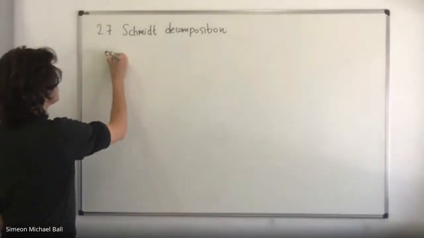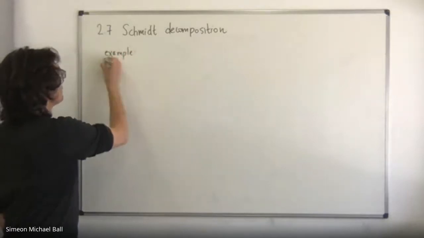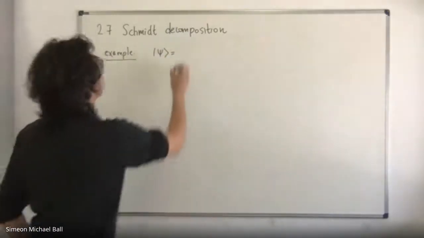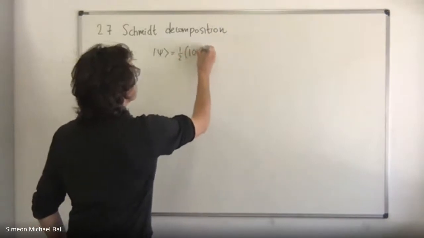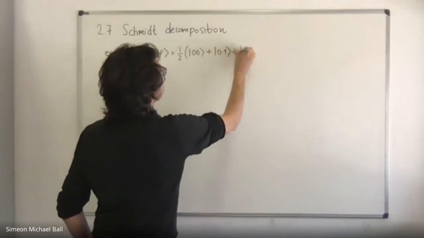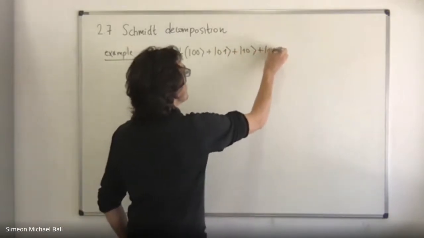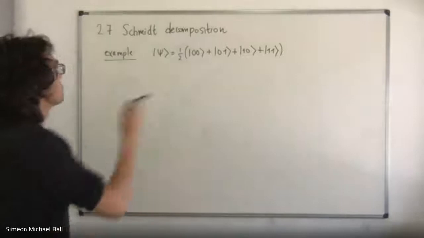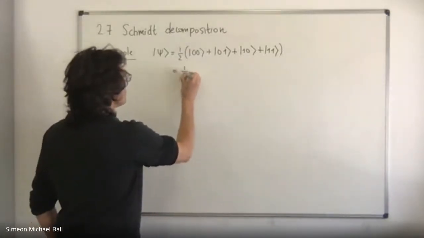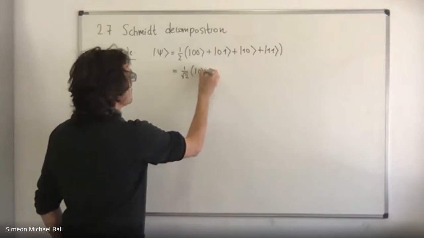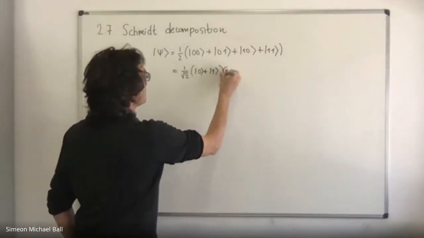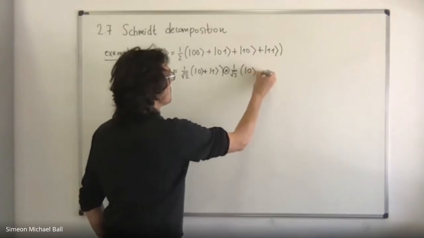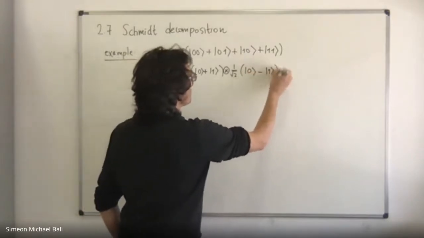So here's an example. If I look at this state, you see, maybe because of symmetrical things here, that we could have written it as the tensor of two particles.